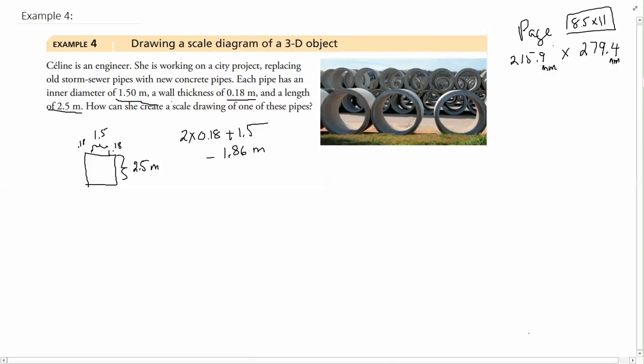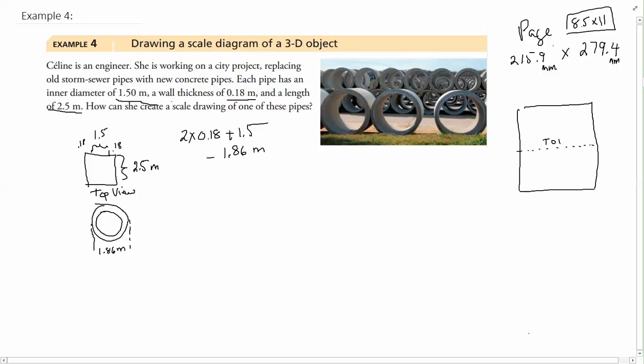The other face, so this would be the top view, and the other view we want to do is this one. And so we know that this also is 1.86 meters wide. Now we have to think about our page and how that would best fit on our page. So if I think about splitting that page in half, I can have my top view and my front.